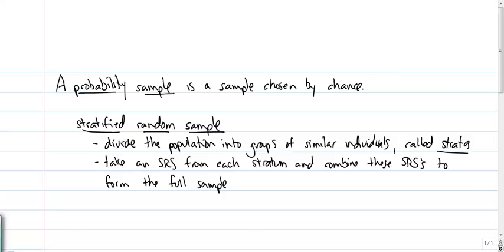They're all similar because they're all within the same grade level. And if I take an SRS of 5 individuals from each group, then combine those SRSs to get my 20 students, we have our stratified random sample. Notice that we would get a representation of all 4 grades in that sample, which might not happen in an SRS.